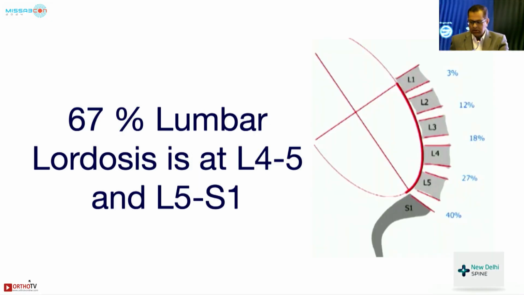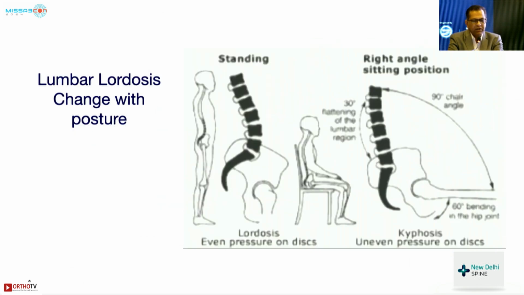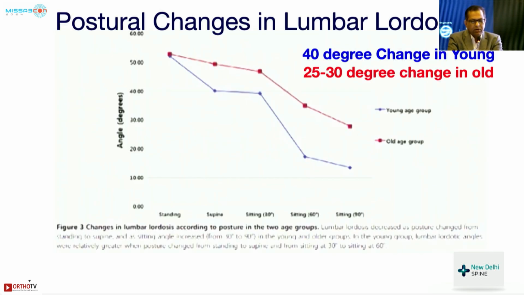We all know that 67% of the lumbar lordosis is at L4-5 and L5-S1. We all know the lumbar lordosis changes with posture, standing, sitting position, it's all different. We all know the lumbar lordosis changes with age as well.